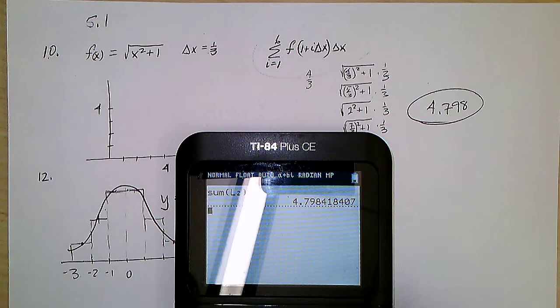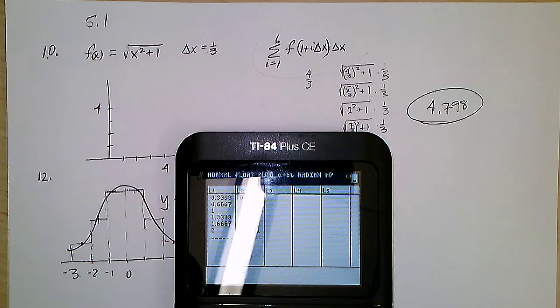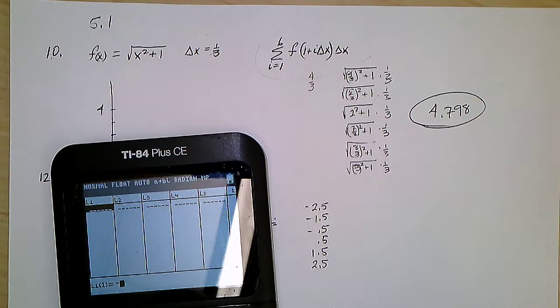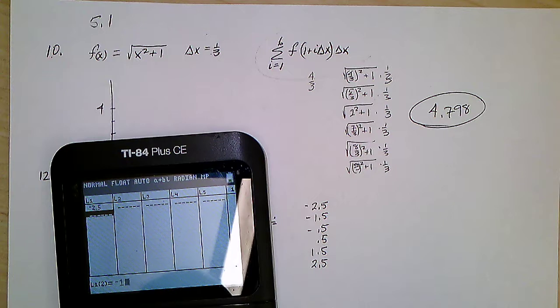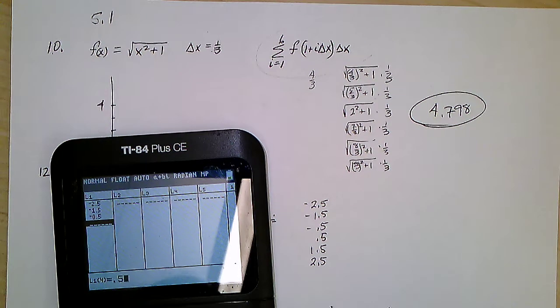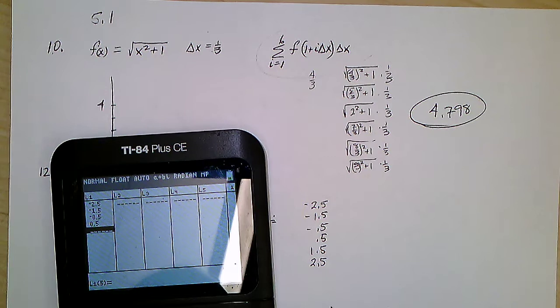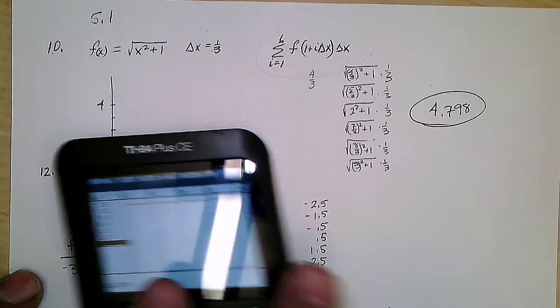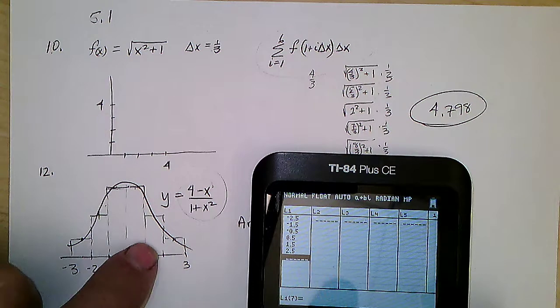I'll do that again on my lists. Stat, edit, and I'm going to go over here. I'll go up, clear the list, come down, go up and clear the list, come down, and I'm going to put in negative 2.5, negative 1.5, negative 0.5, 0.5, 1.5, and 2.5. There's all 6 of them. 1, 2, 3, 4, 5, 6.